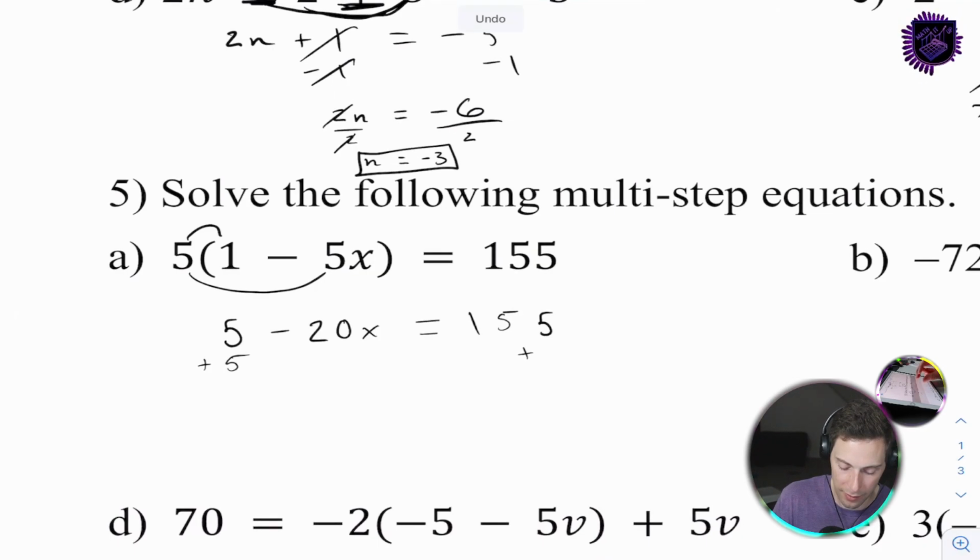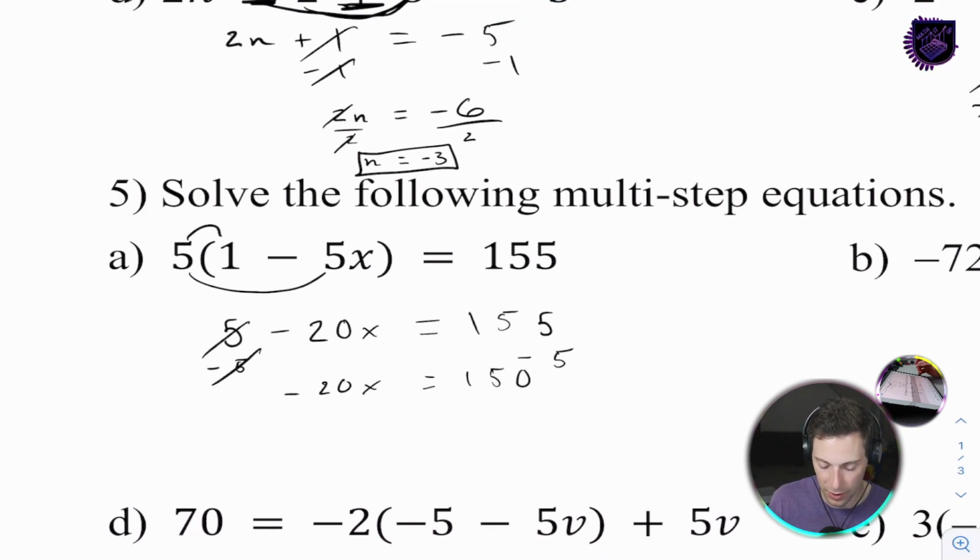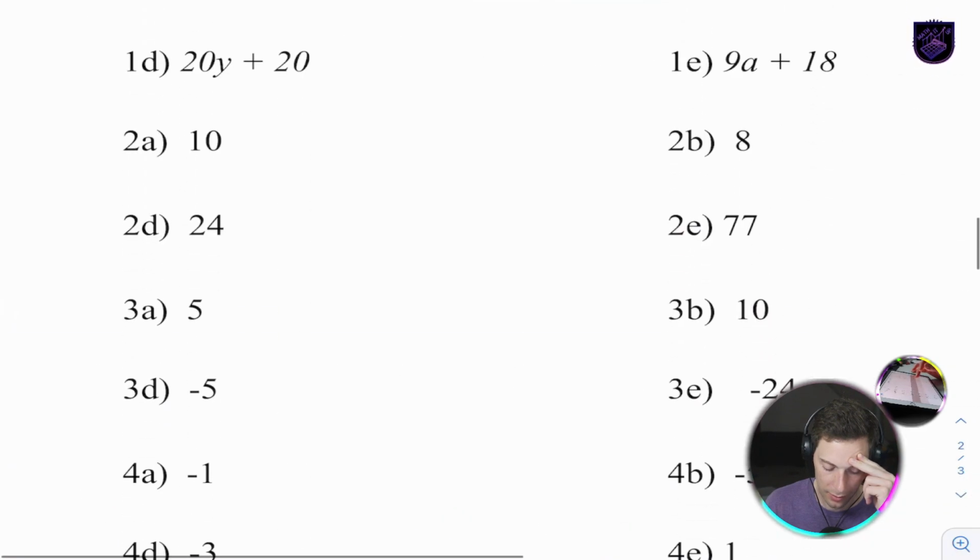No, I don't want to add 5 to both sides. I want to subtract 5. It's a +5. Subtract 5. Subtract 5. Cancels out here, leaving us -20x is equal to 150. How does 20 go into 150?